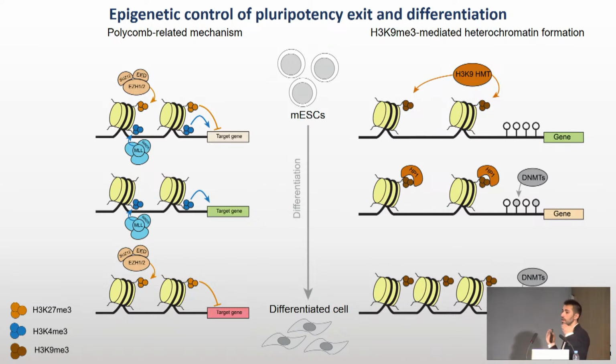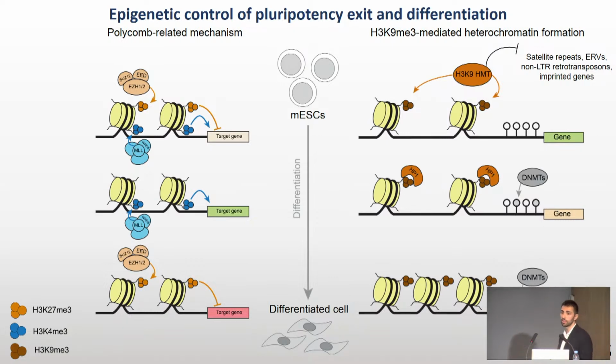So this mediates a very stable silencing to ensure a proper activation of the differentiation. But very interestingly, this mechanism is also important already at the pluripotency state, because lysine 9 trimethylation is also repressing different retrotransposon elements, satellite repeats and imprinted genes already at the pluripotency state.